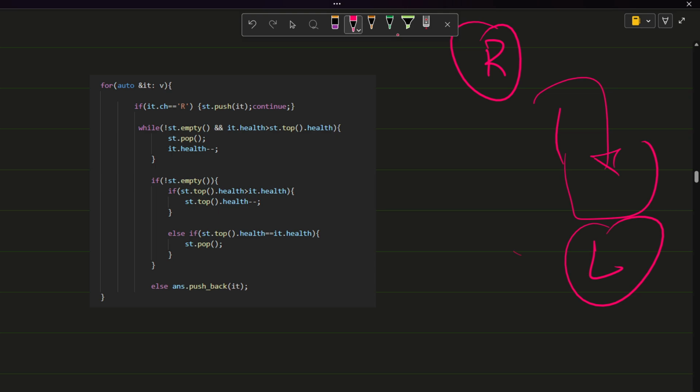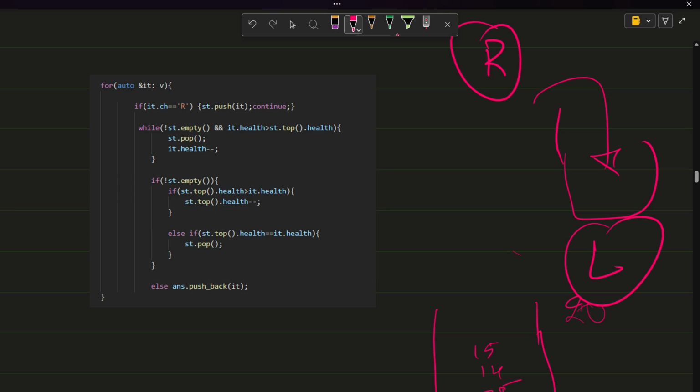And suppose it has health of 20, and those in the stack have health, suppose, 15, 14, and 21. Suppose, yes, 25.